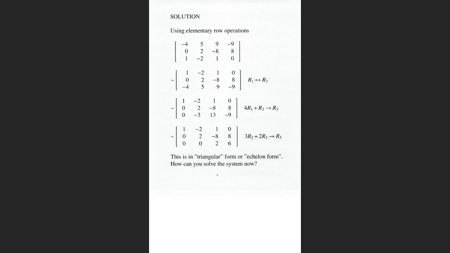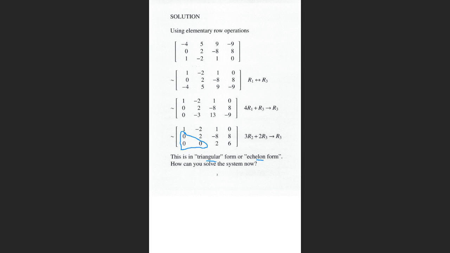So the goal is, again, to get as many zero entries in the augmented matrix as possible. And you notice that in the bottom left-hand corner, we have zeros there. So a triangle of zeros. So this is what's called triangular form or echelon form.